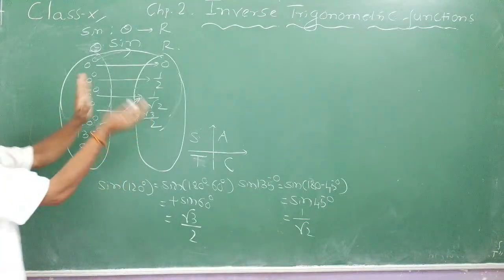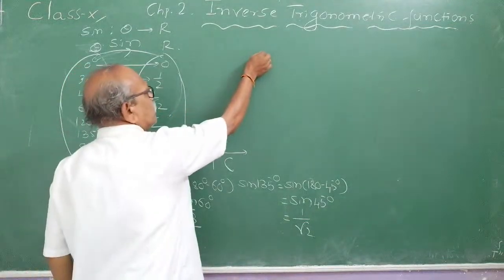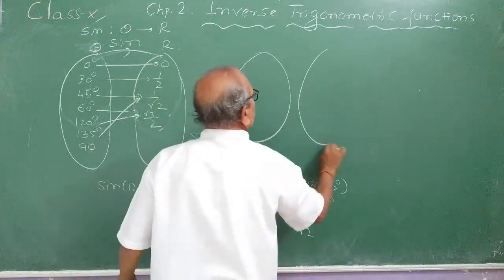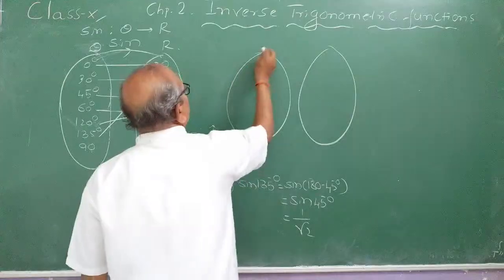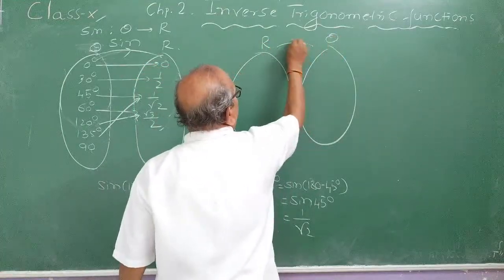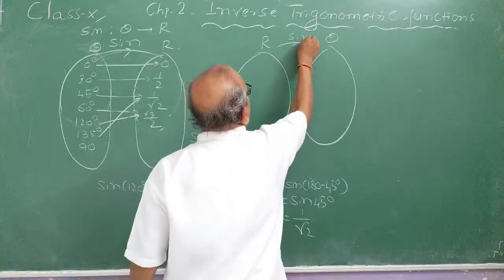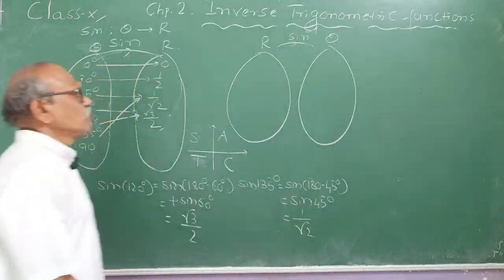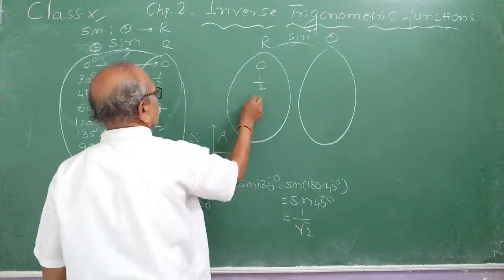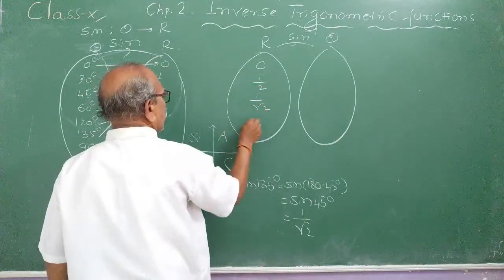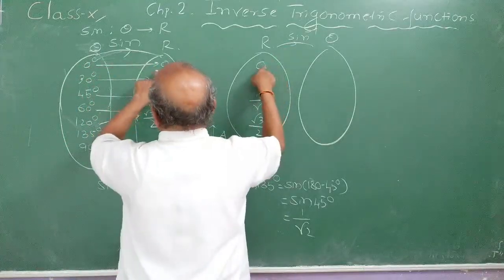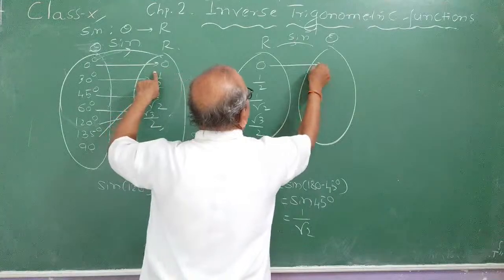And then when you take the inverse of it, you observe, I will take real values here, theta here, because the domain and codomain are to be interchanged to get inverse sine function. You will get 0 here, 1 by 2, then 1 by root 2, then root 3 by 2. The inverse image of 0 is 0 only.